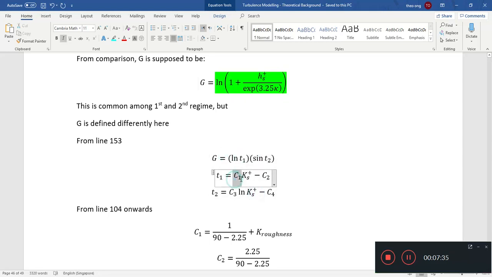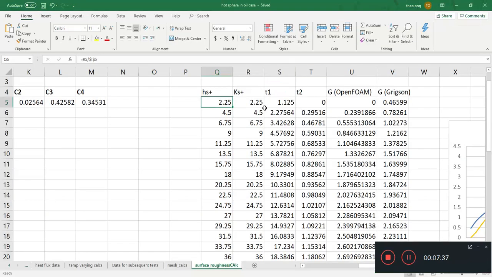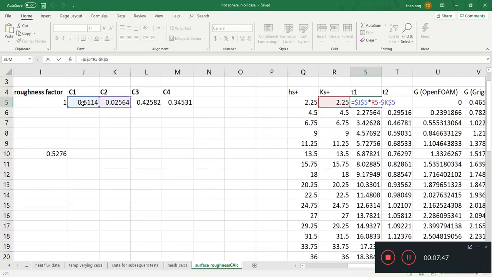So T1 is C1 times Ks plus, and I have a column of Ks plus here. I take C1, which is in cell J5, and lock the cell using the F4 function key. If I press F4, you can see I can change the way J5 locks.